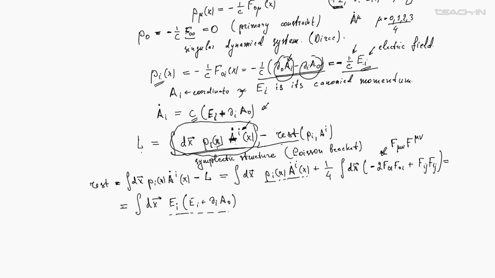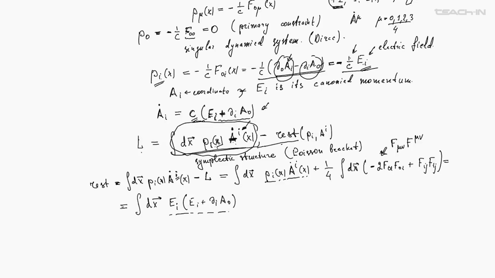Yes, but there is also ai dot, which I'm replacing by this expression here, and that cancels this c, because 1 over c cancels with c. Yeah, but there is also the minus sign. Minus sign somehow also goes away. That's because I raised the index i. I'm writing ai dot with index i up, and here I write an index which is down.